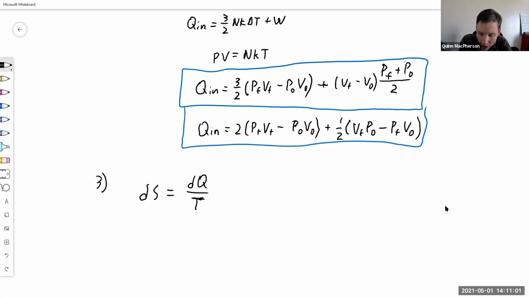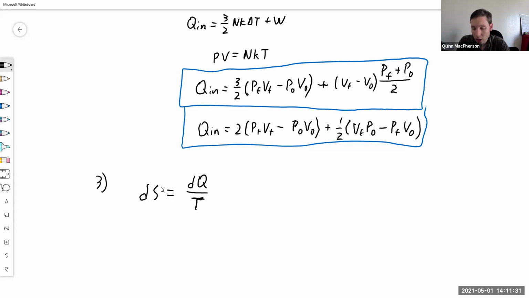But as we add more and more heat, the temperature keeps increasing. Which puts us in the bizarre case of each little amount of heat we add: you take that little amount of heat, divide by the particular temperature it's at that point, and you get the little change in entropy. So we can't just take our Q in and divide it by temperature. What temperature, after all, would we divide by? The beginning temperature, the end temperature, the average temperature? Instead, we actually have to deal with this via an integral.